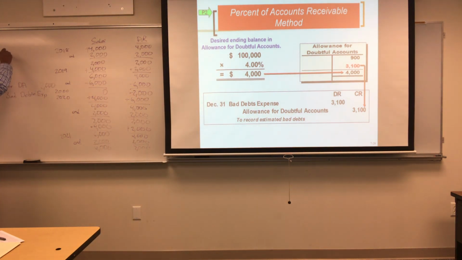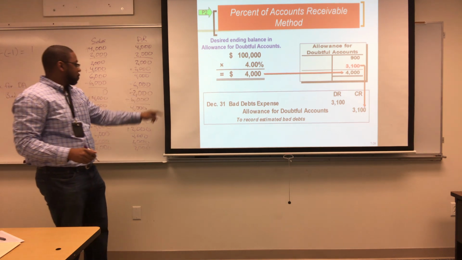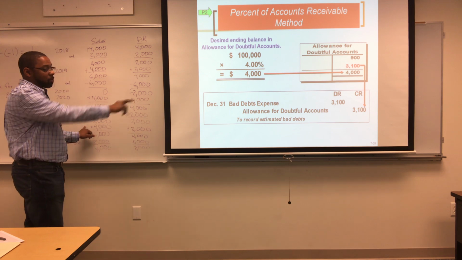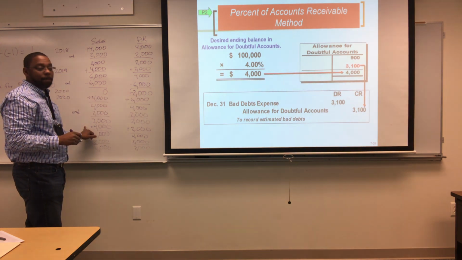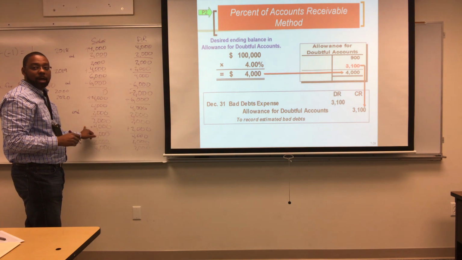Think about it like this. Revenue. So now we brought this $2,000, and then our normal transaction would have been a debit to bad debt expense for $4,000, and a credit for allowance for doubtful accounts for $4,000.